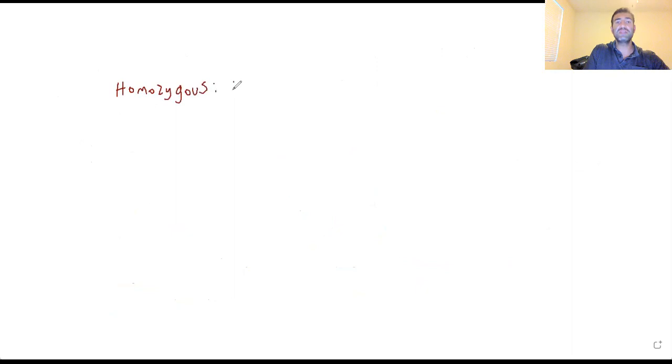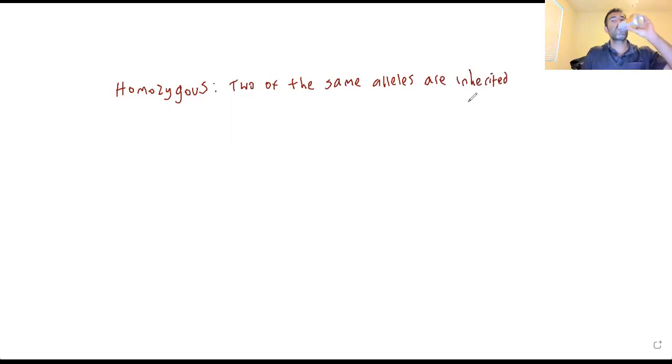What this means is that two of the same alleles are inherited. It's also called true breeding.